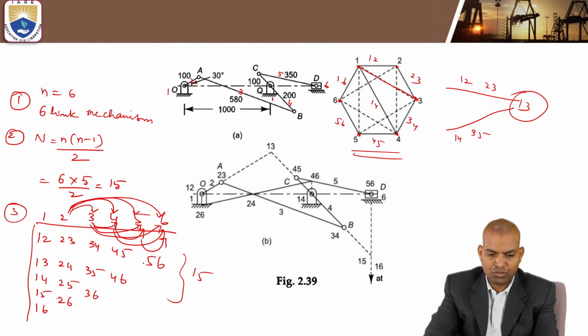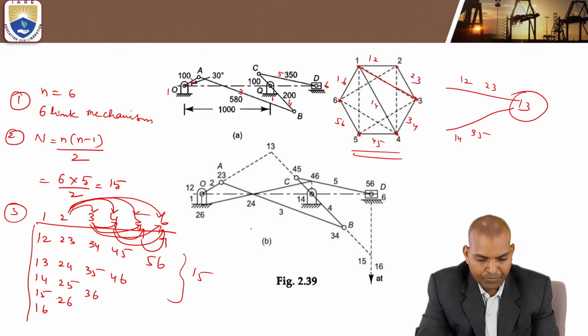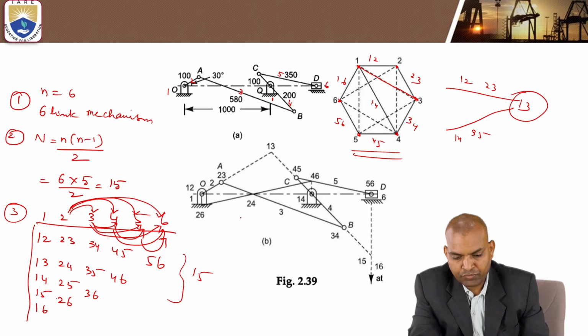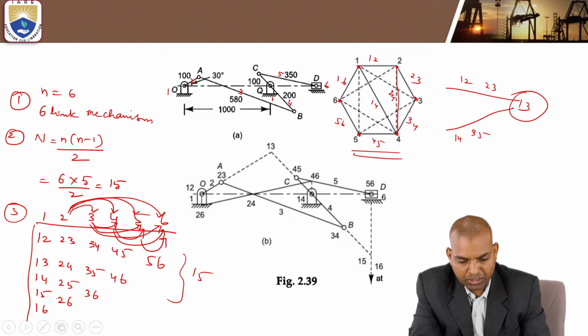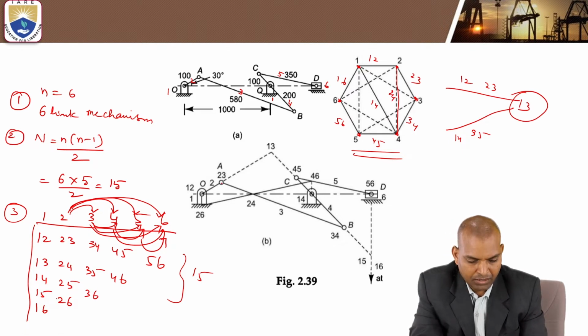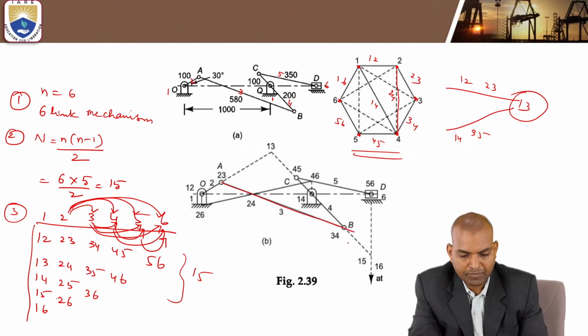In this figure, 1 2, 2 3, 3 4 are located. How does 2 4 come? The 2 4 is the intersection of the extension of 2 3 3 4 and the extension of 1 2 1 4. Where is 2 3 and 3 4? That is the 2 3 3 4 extension.